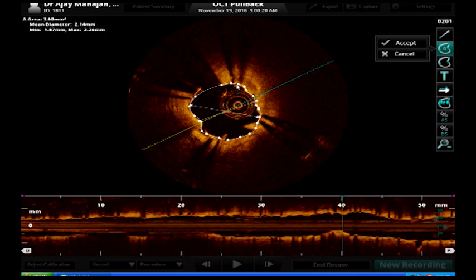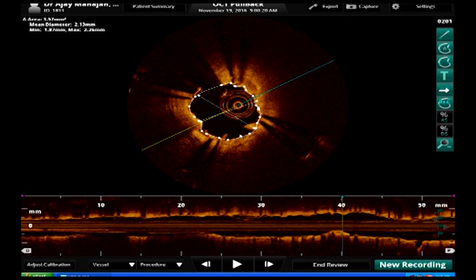One thing is about racial differences. In Indians, in general, the coronaries are slightly smaller than the Western population. Normally we don't expect a 4 proximal LAD, but if you do IVUS or OCT, it will help you determine exactly the size of the stent you have to use, and how much post-dilatation you can comfortably do.